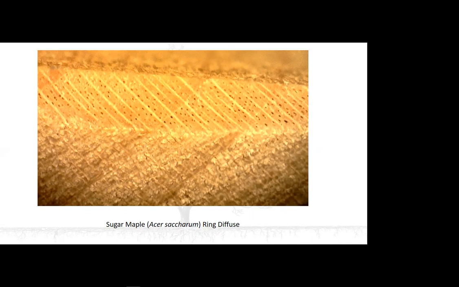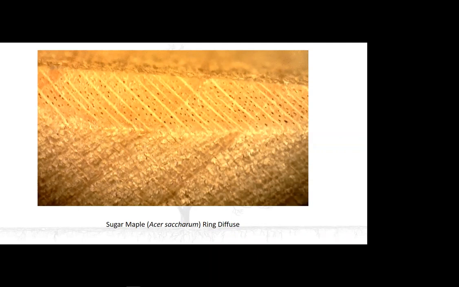But because of that, that distinction between early wood and late wood is very hard to see, if it even exists. It's also really hard to see the growth rings, although they are still there, because even these ring diffuse trees are producing that decay barrier at the end of the growing season.